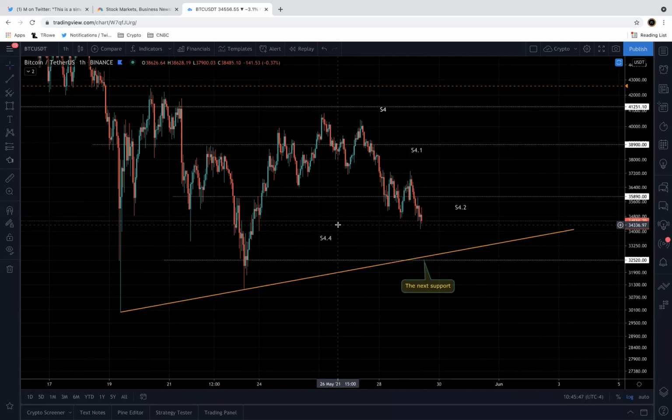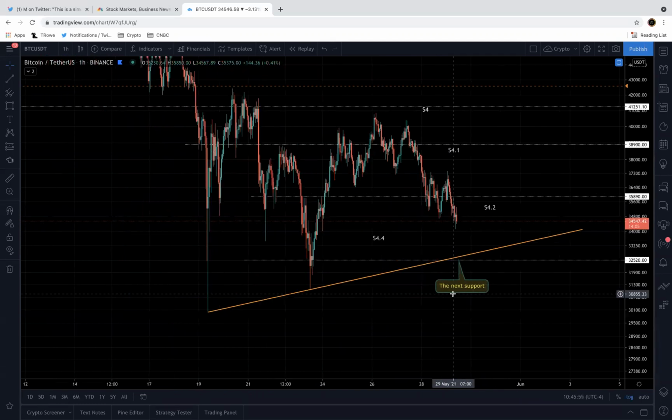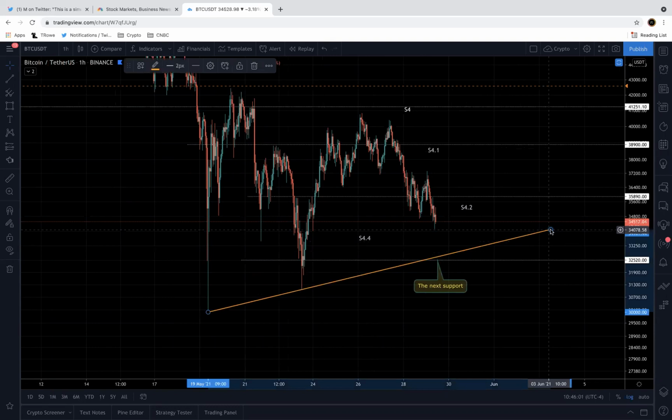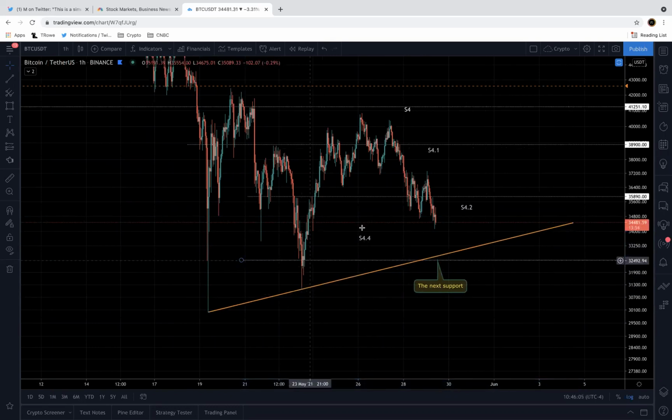Now, it's not that it has to happen now. It can happen later. I think the condition that I want to add here is, now that this orange line becomes the most important line, I don't mind if it drops quickly and gives a bounce, and that bounce will be like the last bounce.